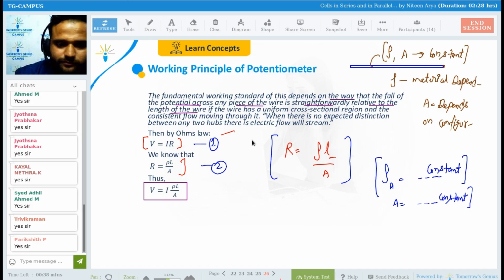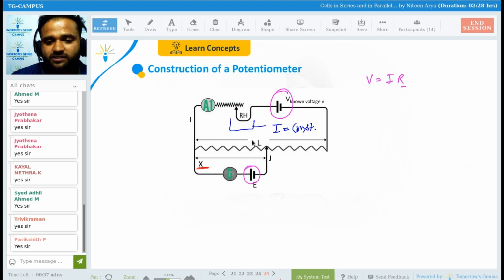So what I am saying is, the moment I pick any particular material, the resistivity of the material is going to be constant. And the moment I make a wire, obviously I need to fix the radius of the wire, so the area is going to be constant. And I, meaning current, is going to be constant with the help of this rheostat.